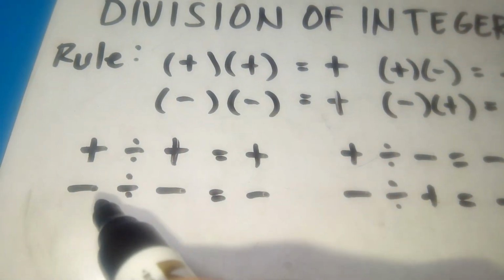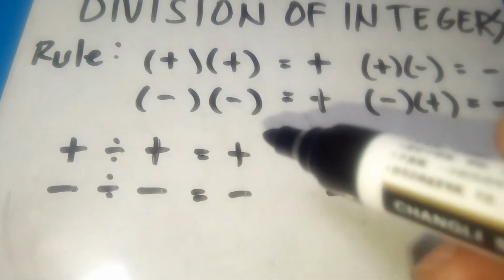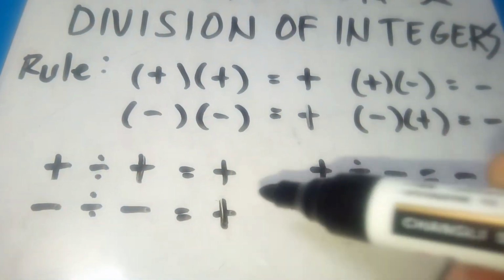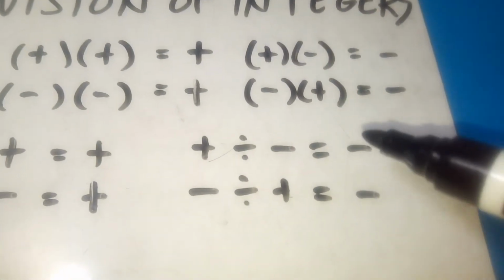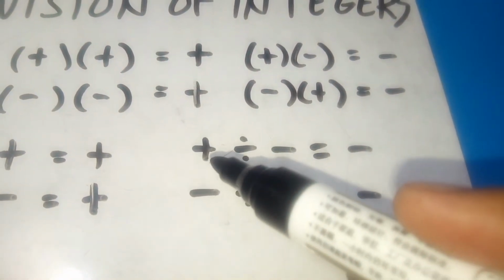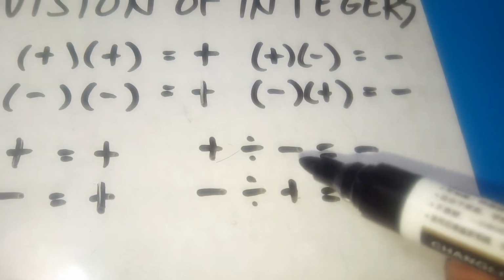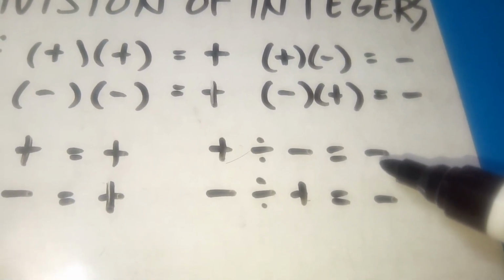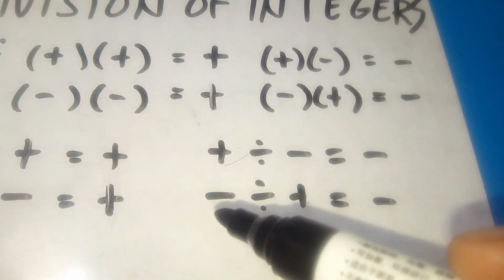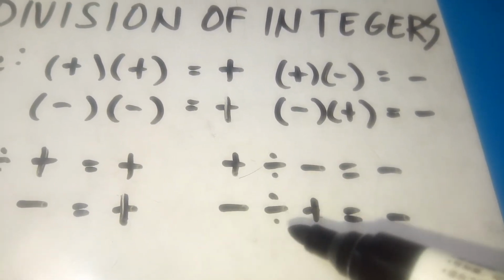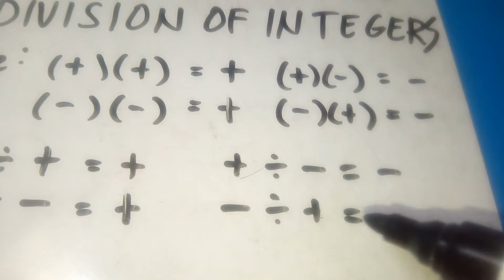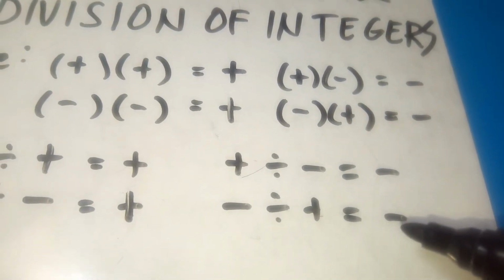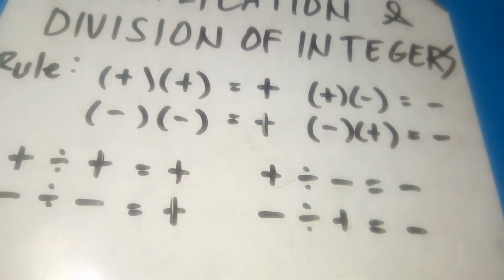A negative integer divided by a negative integer, the result will be positive. A positive dividend divided by a negative divisor, the result will be negative. A negative dividend divided by a positive divisor, the quotient will be negative.